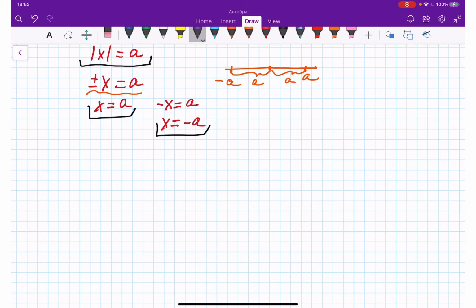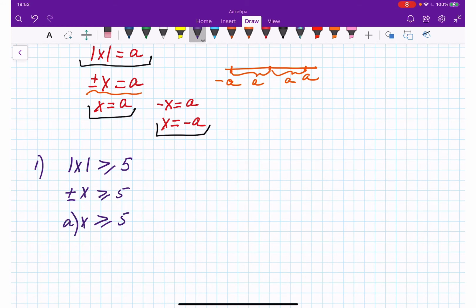We have, I'm taking example 5, the x is equal 5, absolute value of x. And first example, absolute value of x greater equal 5. That means plus x and minus x greater equal 5, which means positive x greater equal 5. This is a.